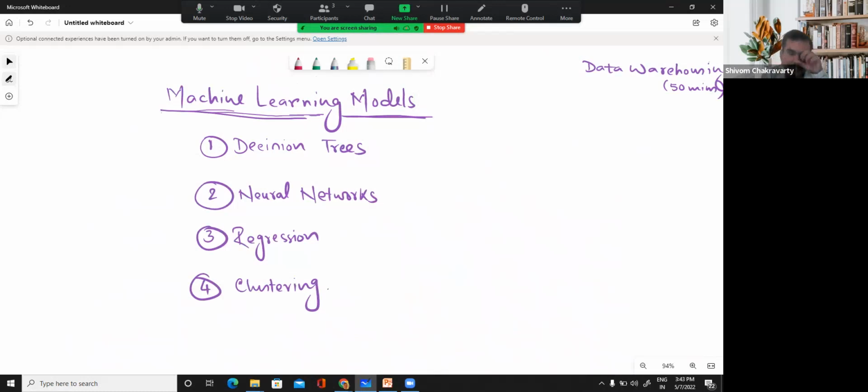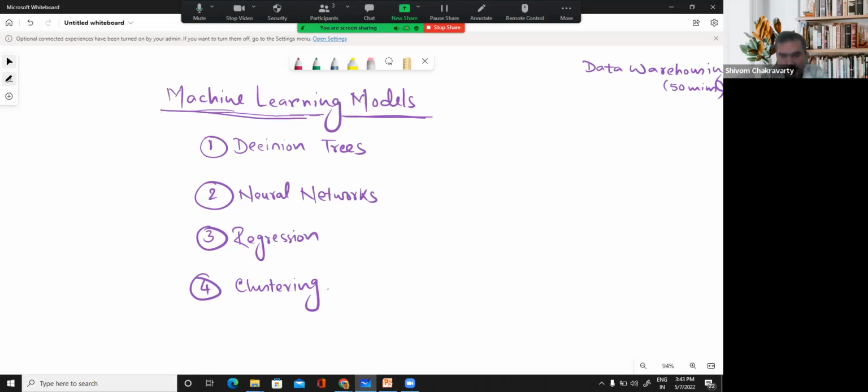So all those basic things we discussed. Then we devoted around 3 sessions for machine learning models, and we focused on the 4 main machine learning models. So this completes a fairly wholesome introduction to business analytics.